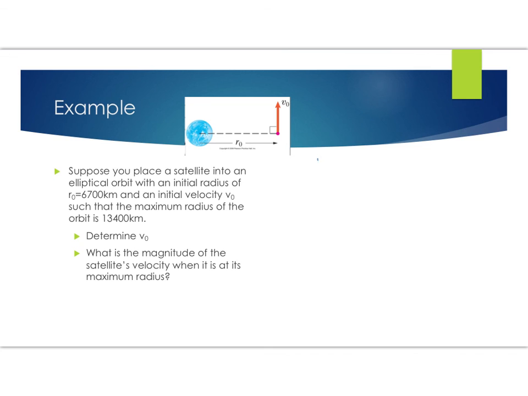Okay, so we're going to use R over R naught is equal to 1 plus eccentricity, 1 plus eccentricity cosine theta. In this particular problem, we have the initial conditions for our satellite. It has initial R naught, 6,700 kilometers, initial velocity we're going to find, and we want the maximum radius of the orbit to be 13,400 kilometers.